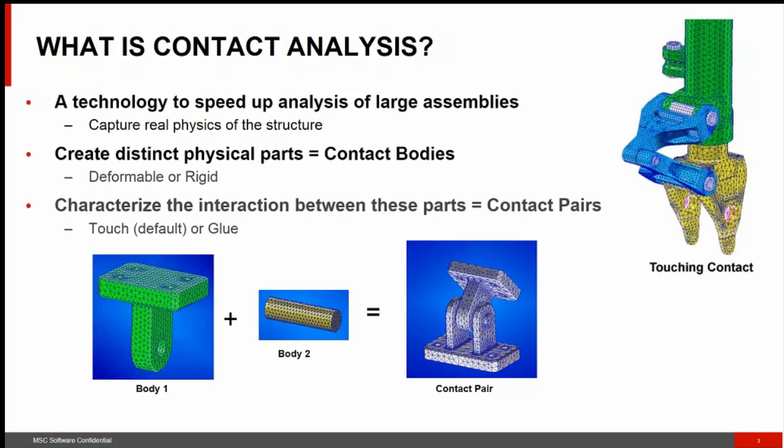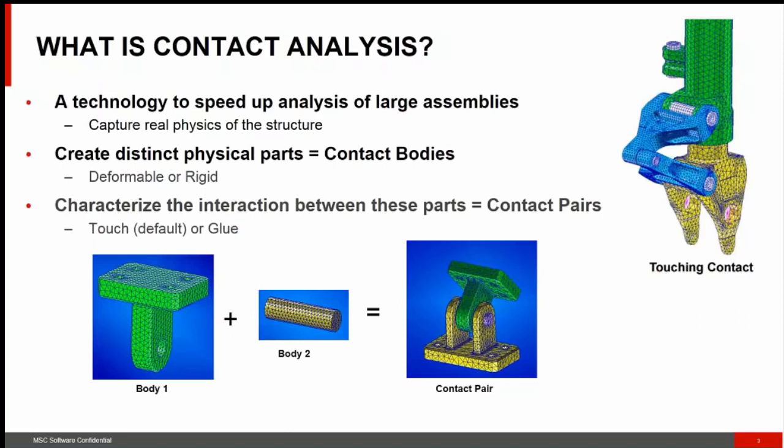As you can see, there are several steps, not only two. Generally, contact often occurs between deformable bodies or rigid bodies, and sometimes one of these bodies is rigid because it's significantly stiffer than the other deformable body, and that's why we call it a rigid body.